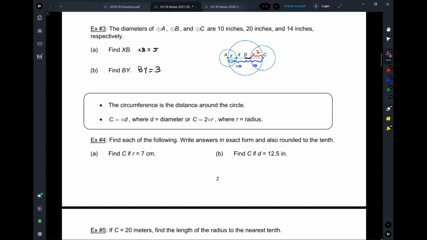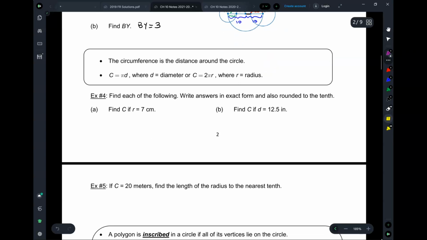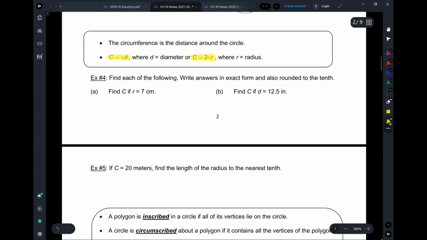Formulas for circumference: do you need to know these by heart? Yep, and you probably already do: pi times diameter. But since diameter is 2r, circumference is also 2 pi r. So you just need to know any one of these.